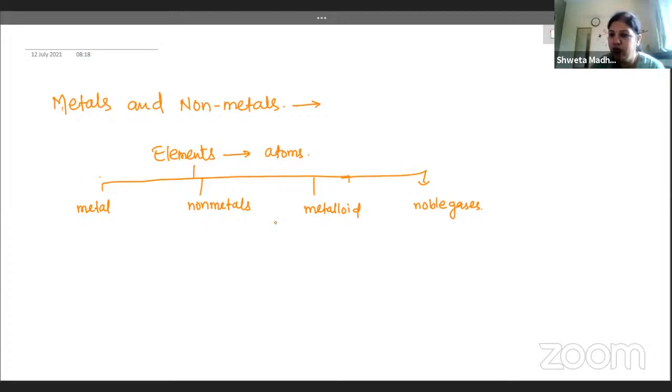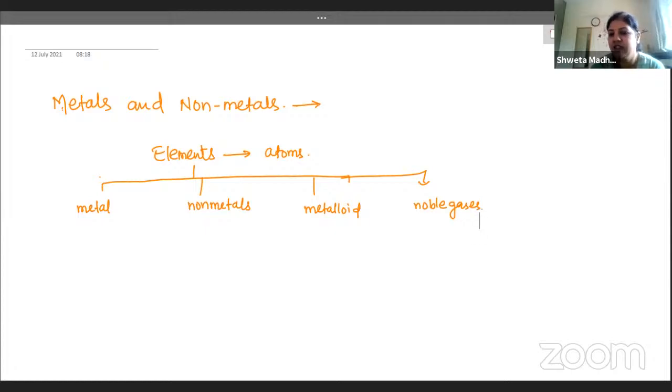And what are noble gases? They do not take part in chemical reactions. These are the elements which do not take part in any chemical reaction. They are categorized according to chemical property, not physically. Physical property wise, they possess properties just like a non-metal.